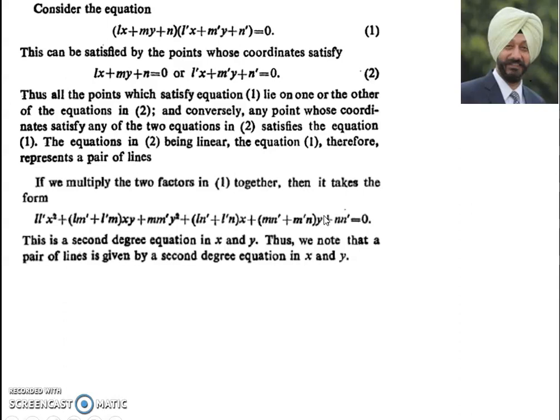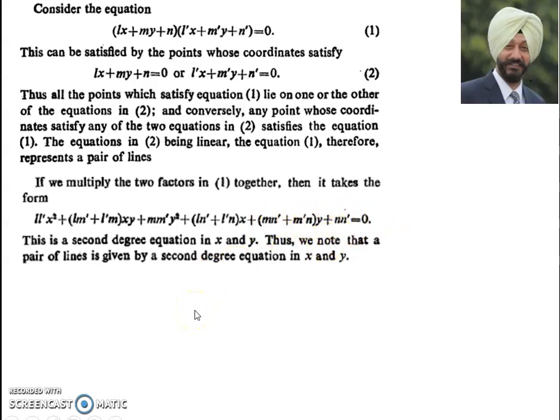If we multiply the two factors in 1 together, it takes the form: ll'x² + (lm' + l'm)xy + mm'y² + (ln' + l'n)x + (mn' + m'n)y + nn' = 0.